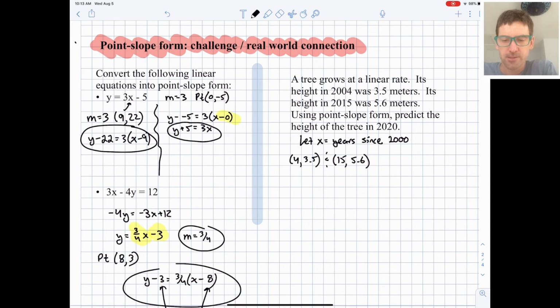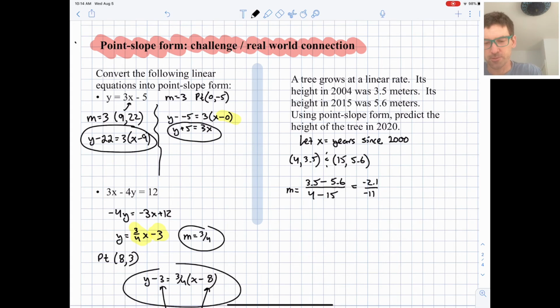All right, so let's find a slope first, and we are going to subtract our y's. 3.5 minus 5.6 divided by a subtraction of our x's. So we have a negative 2.1 divided by negative 11, right?